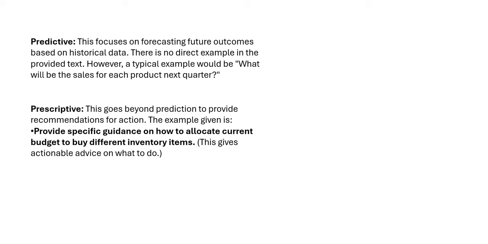Predictive is like you act as an astrologer. You're trying to predict what will happen in the future. So this is the question: what will be the sales for each product in the next quarter? You're trying to play God and say, okay, this is what would happen.